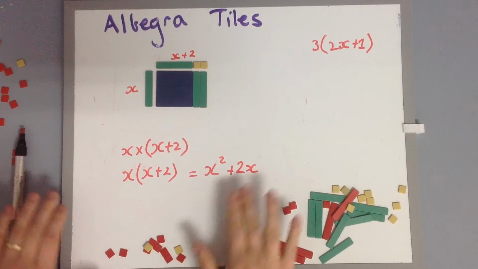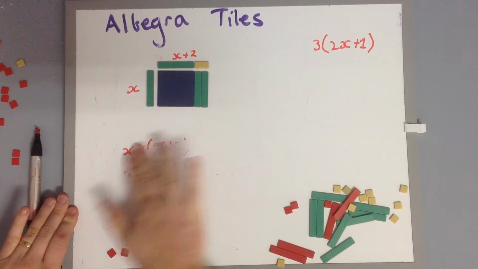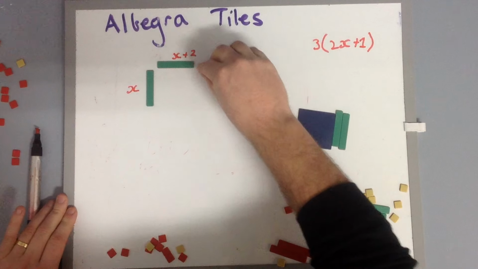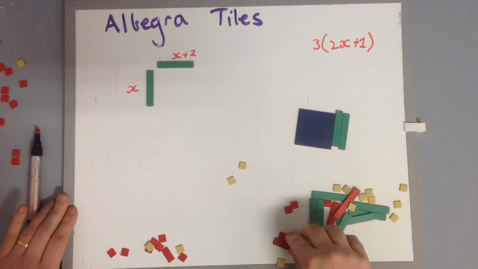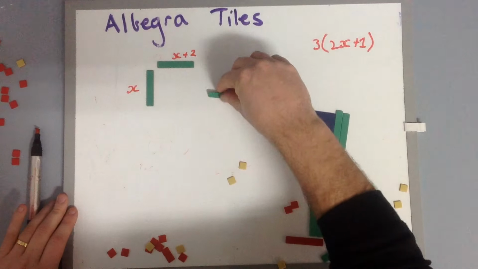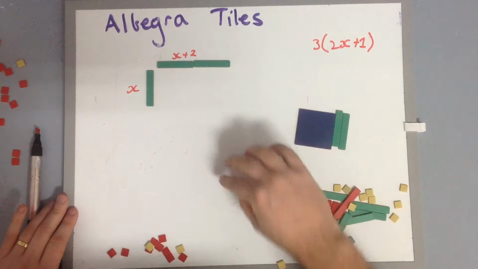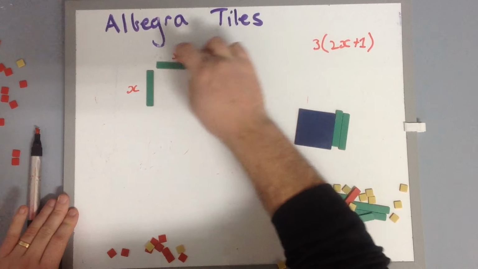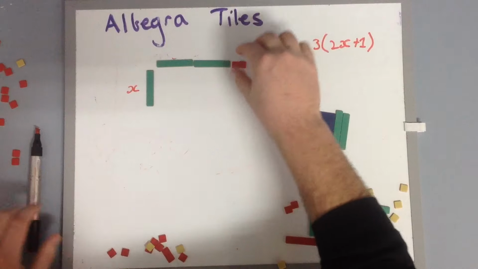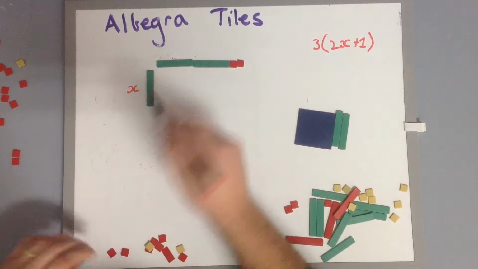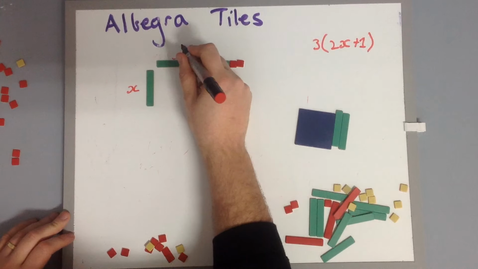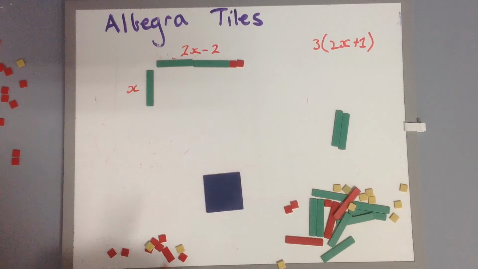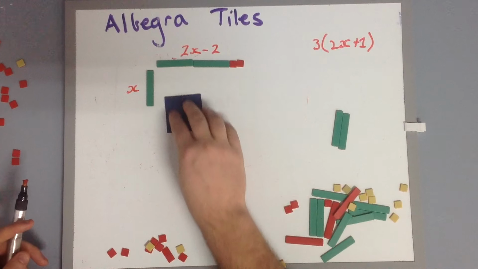Let's have a look at something a little bit different for the next one. We'll do another one along these lines, and we're going to make it tricky again. This time we've got x and 2x minus 2. Again it's got to look the same both ways.